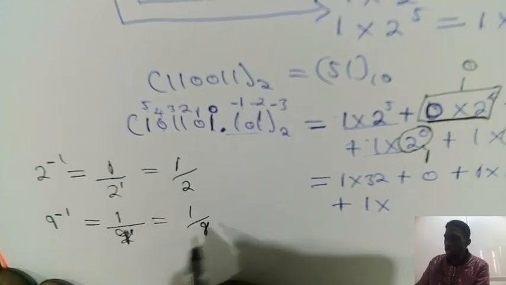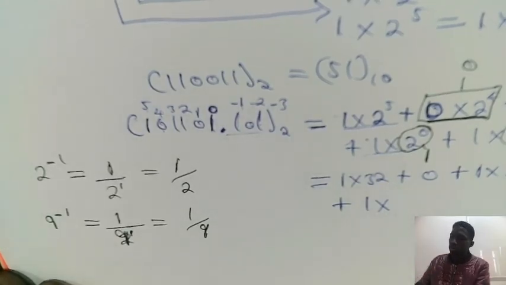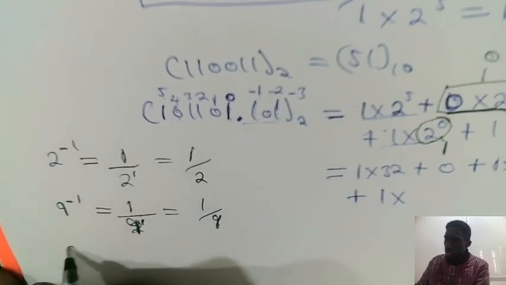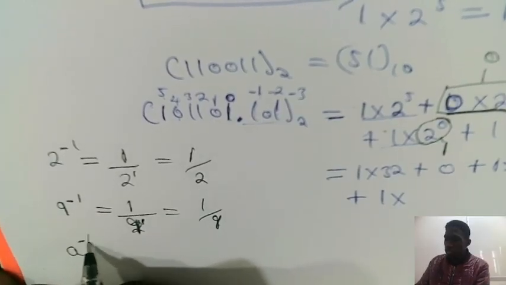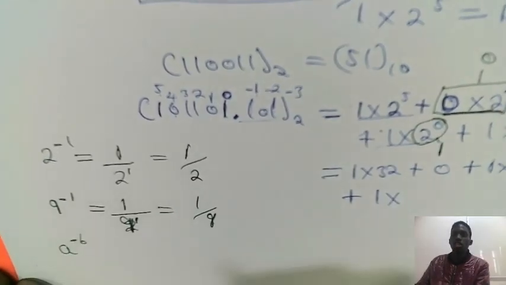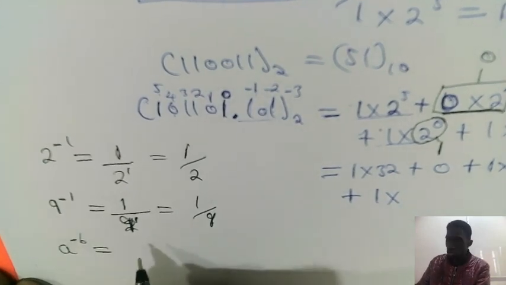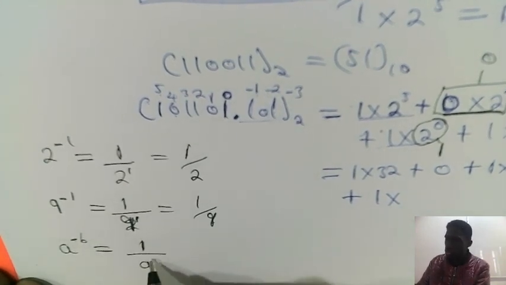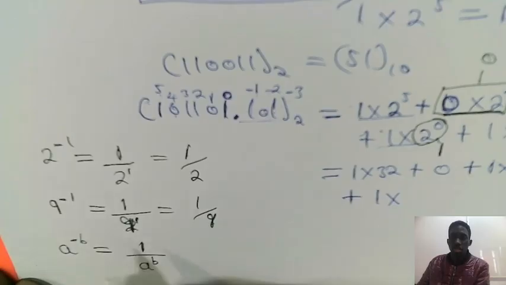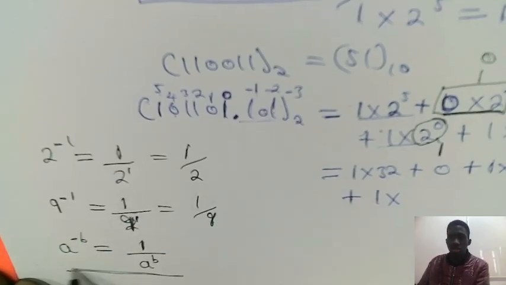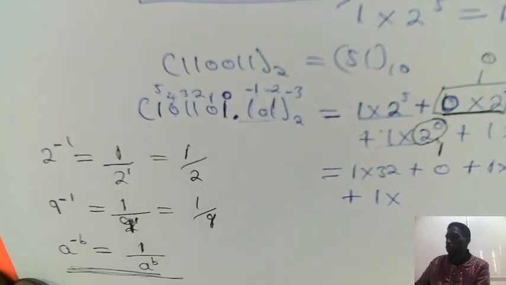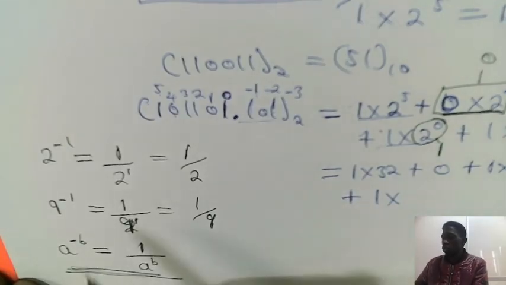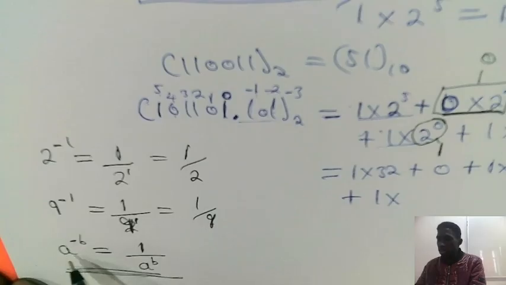But in general, if we have a to the power minus b, to simplify this, we'll say 1 over a to the power b. A to the power minus b is equal to 1 over a to the power b. So this is a very important formula that we're going to use: 1 over the number to the power without the minus sign.